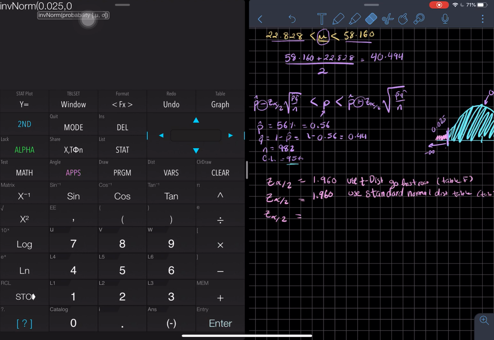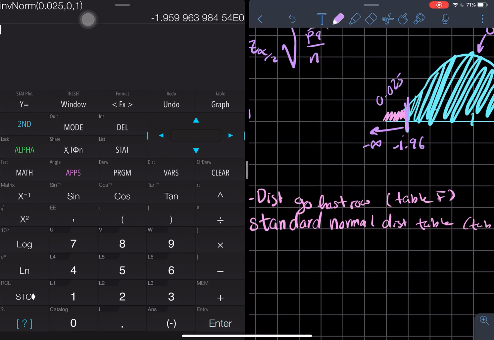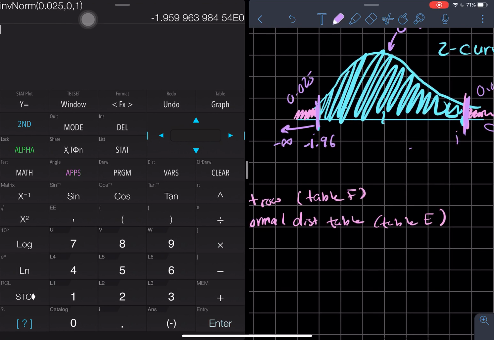My mu is always 0, and my population standard deviation is always 1. And look at that, I ended up with negative 1.9599963. This is really, really close to just 1.96, right? We're not that far away. So let's just assume it is negative 1.96, and this is positive 1.96.